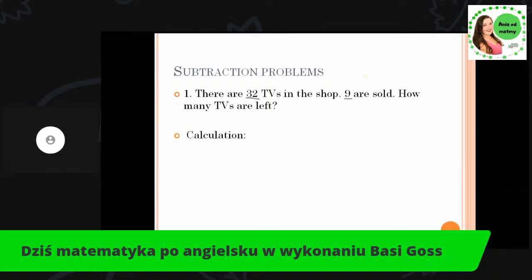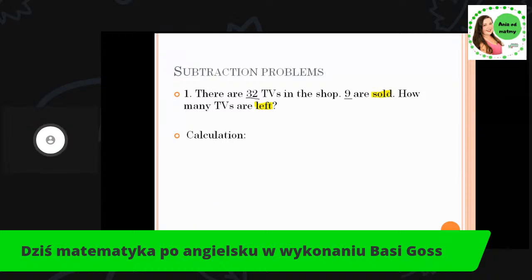It's going to be the word sold and the word left.